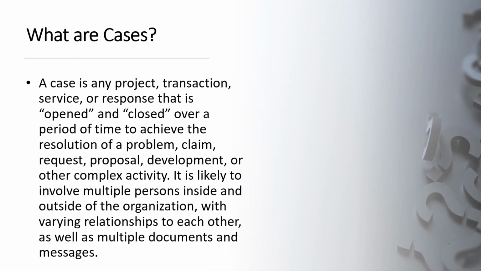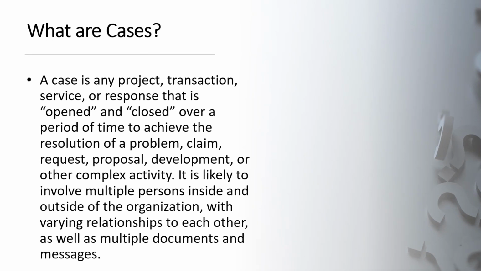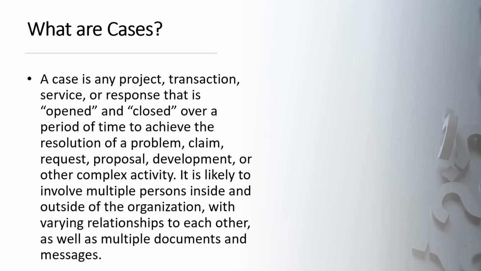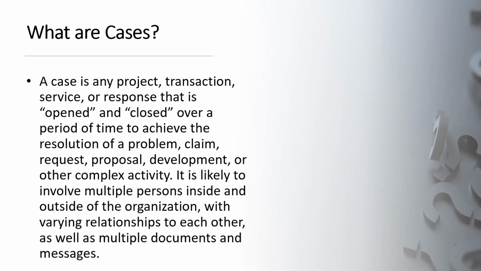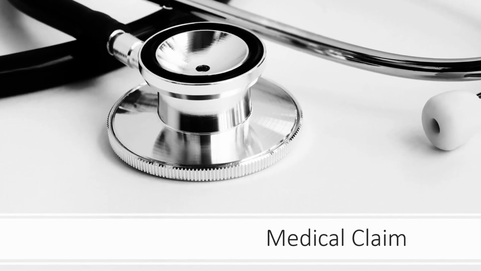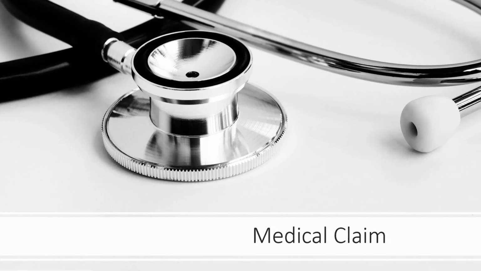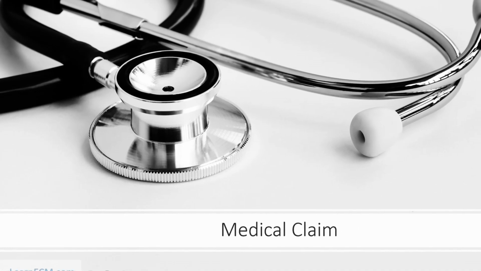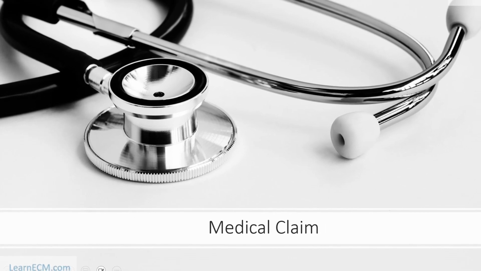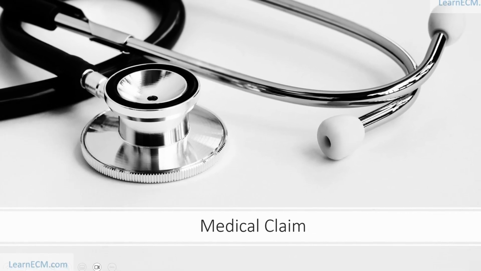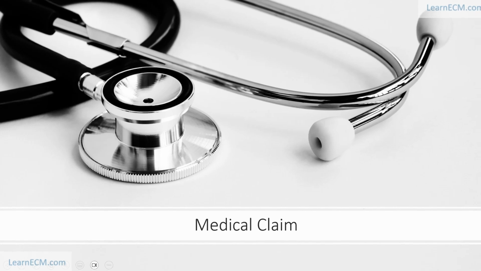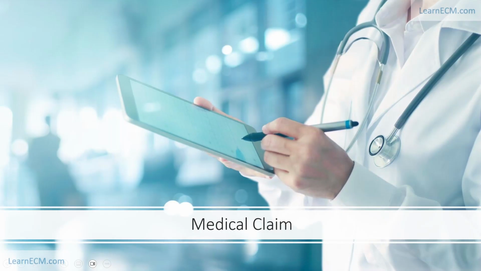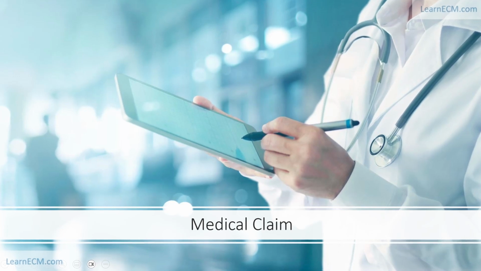To understand it in plain language, let's take an example of a medical claim. Let's say there is an accident and we are making a medical claim with our insurance organization. Once we make the claim, they will open a case. Now this case can involve multiple parties. There can be a police report required, a doctor's certificate required, and medical bills will be required.